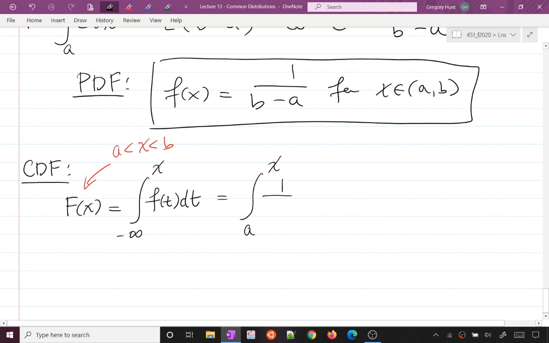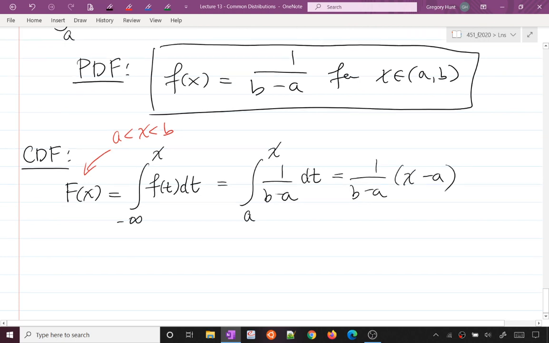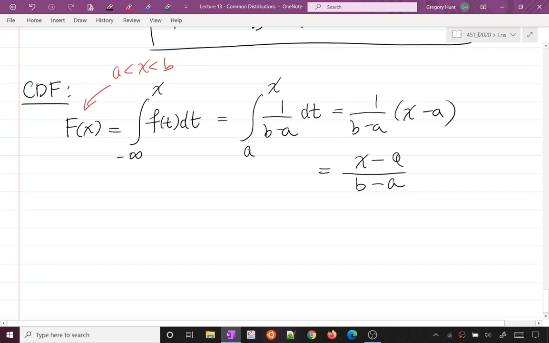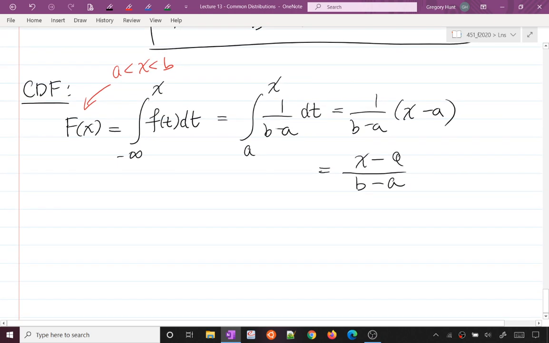It's 1 over b minus a in this whole area. We integrate that with respect to t, and we can pull out the 1 over b minus a, and that will give us x minus a. So at least when x is between a and b, our CDF is (x minus a) over (b minus a).